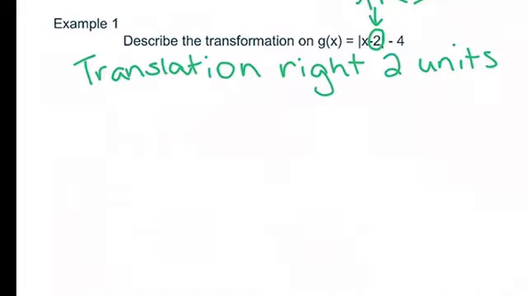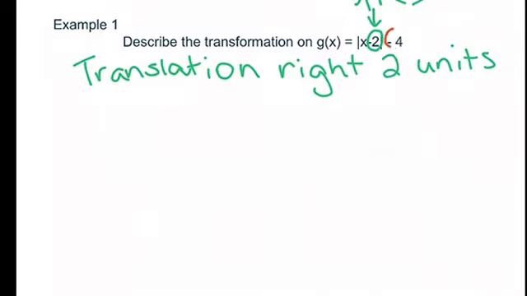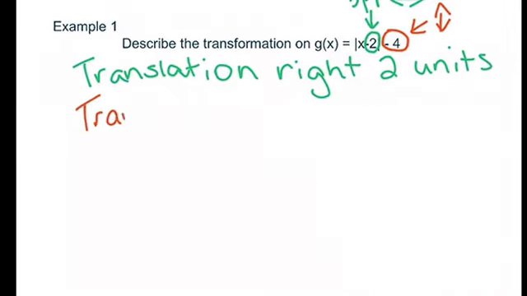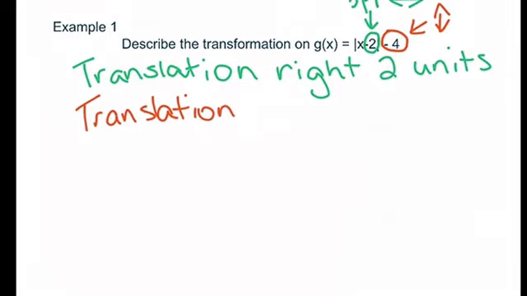Now, as we continue to move to the right, outside the absolute value, we have a -4. What's outside the absolute value goes up and down, and it does exactly what you tell it to. So this is a translation. It's positive. Up is the positive direction.